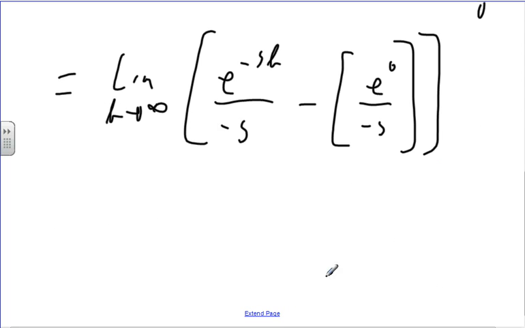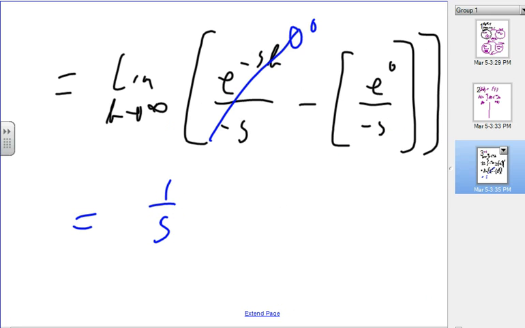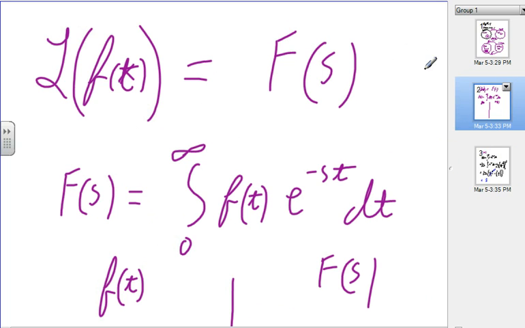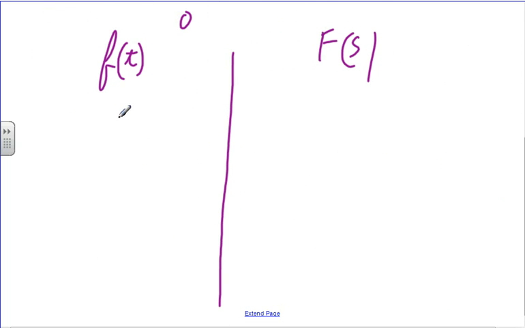As b goes to infinity, this goes to 0, and I end up with minus a minus 1 over s. So if f of t is 1, then its Laplace transform is 1 over s. I write that down, I remember it, I keep it.